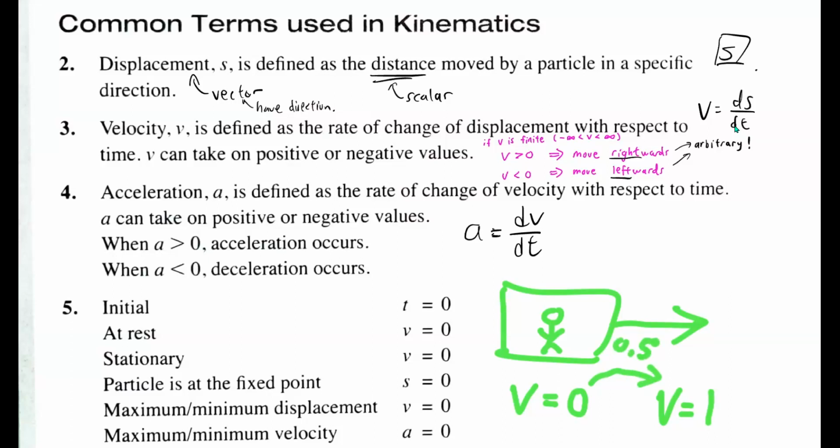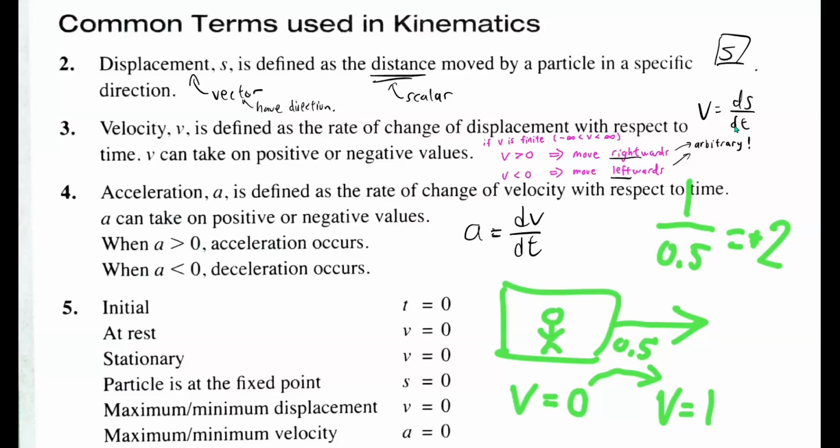Then there will be an increase of 1 in the velocity over a period of 0.5 seconds, which means that the rate of change of the velocity with respect to time will be 1 over 0.5, which is 2. Then that will be acceleration, roughly speaking, average change in velocity. So that's 2 meters per second squared. And if it is a positive 2, it means that you are accelerating. You're going faster. Is that okay?